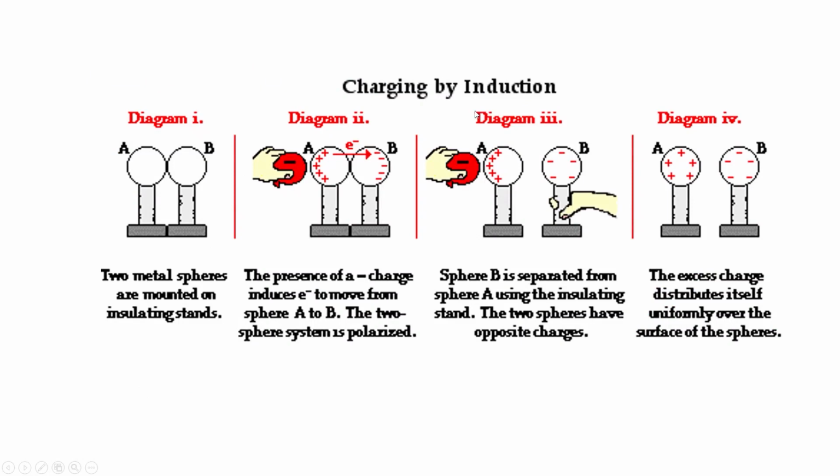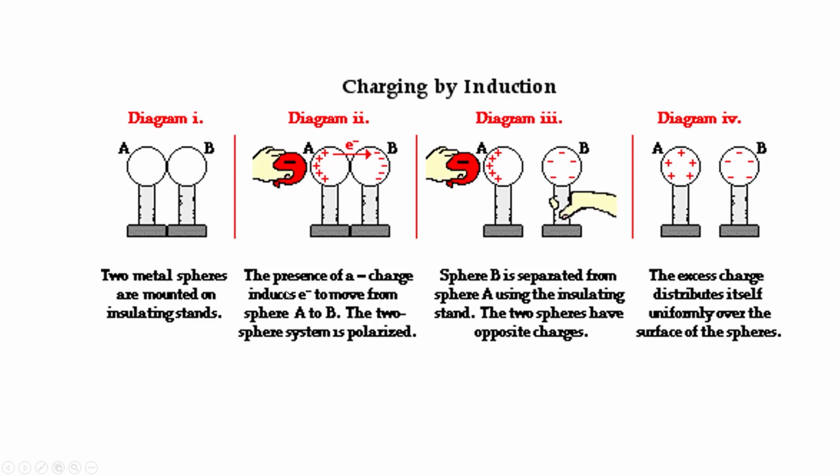Charging by induction. What is meant by induction? Inducing means to enforce, to propel something forcefully in something. For example, these are two metal spheres mounted on insulating stands, and they are neutral.